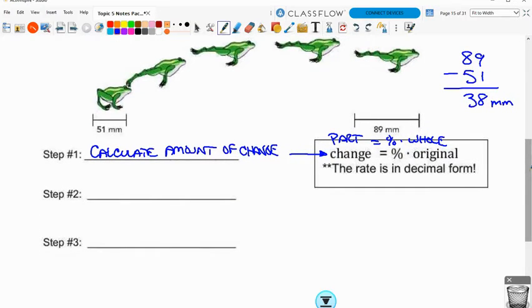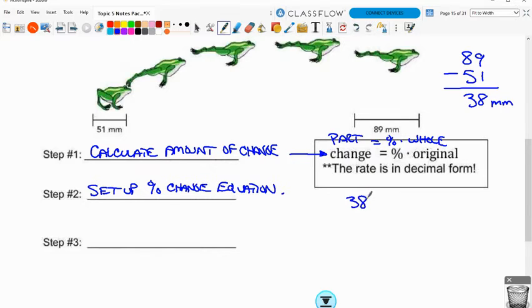Now step number two, we're going to set up the percent change equation. In the box, we see that it says change equals percent times original. The amount of change we just calculated to be 38 millimeters.